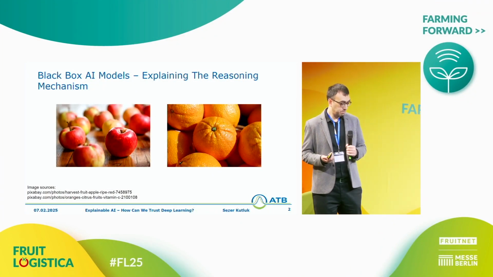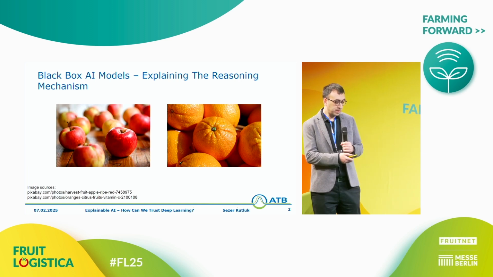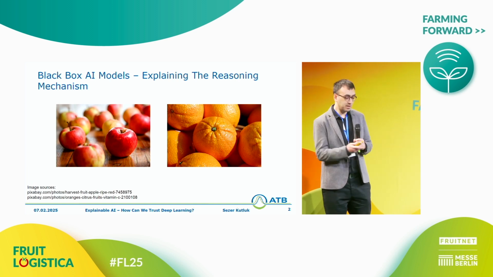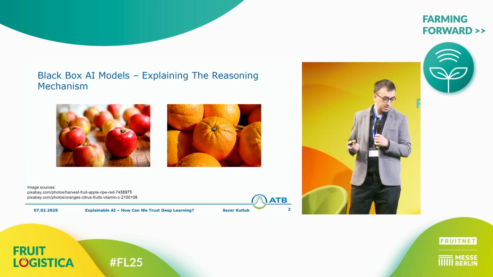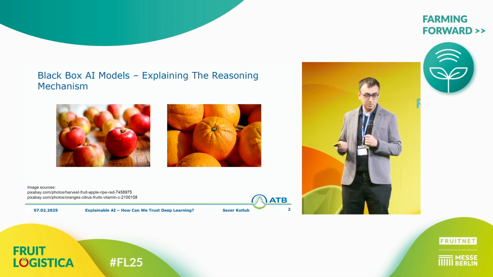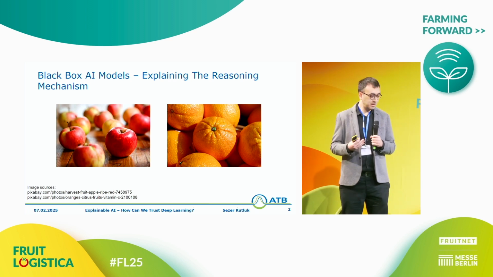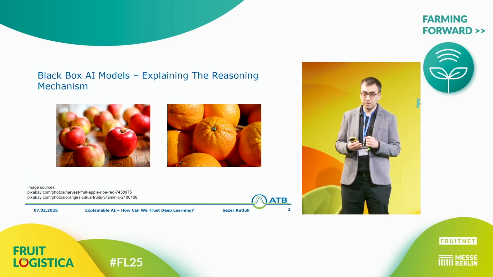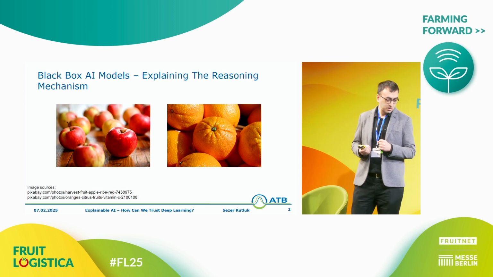So if I ask you why you think these are apples and oranges, most probably you will tell me that the size, shape, or other visual cues or features that you associate with these types of fruits are the basis for your decision.